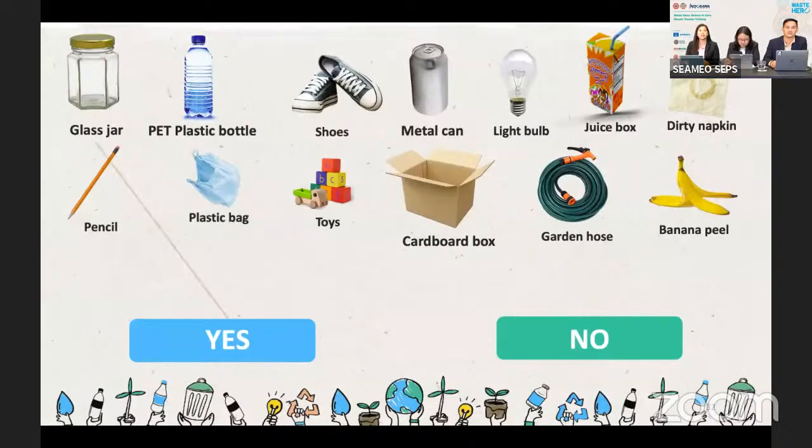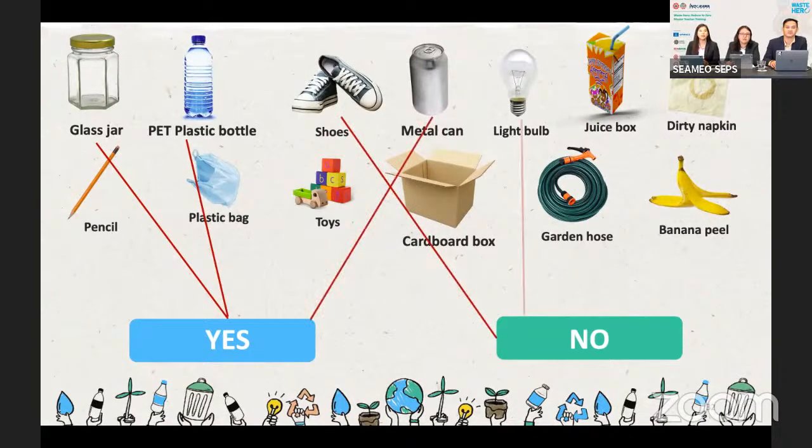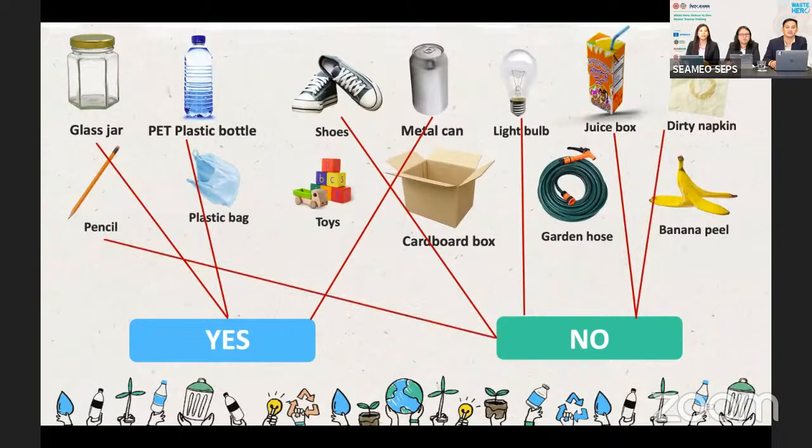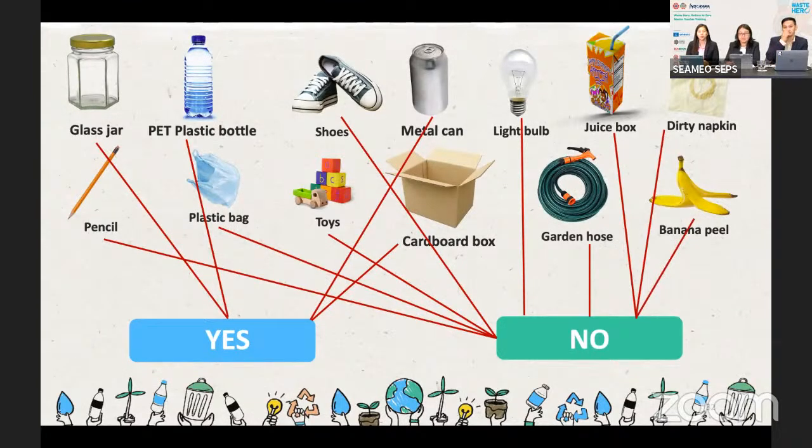For glass jar, it's yes, PET plastic yes, shoes no, metal can yes, light bulb no, juice box no, dirty napkin, of course, no, pencil no, plastic bag no, toys no, cardboard box yes, garden hose no, and of course, banana peel no. Okay, so you can show one answer at a time by using the PowerPoint version from the website.